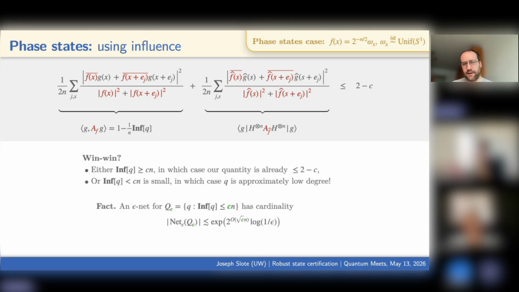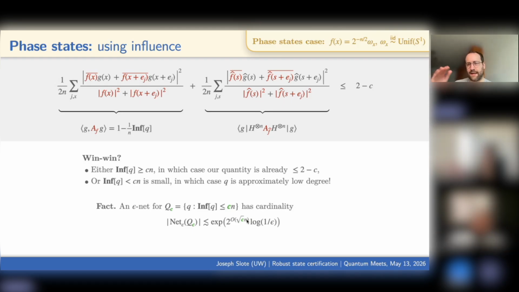In particular, the size of an epsilon net of functions with bounded influence, like a constant fraction of n, is always going to be doubly exponential, but the point is, it's not 2 to the 2 to the n, it's 2 to the 2 to the c times n for some constant.